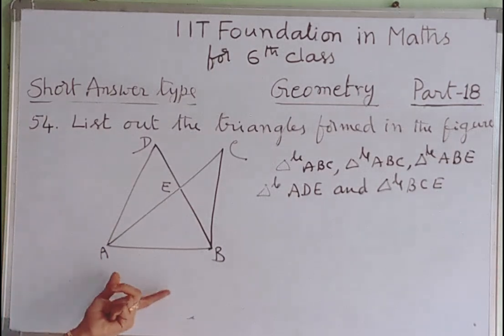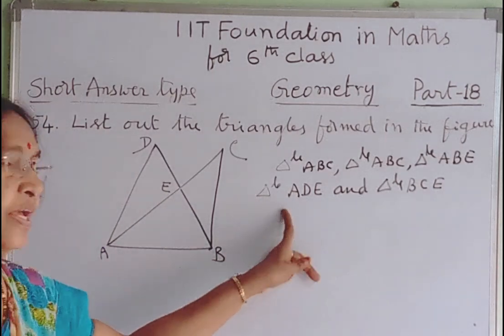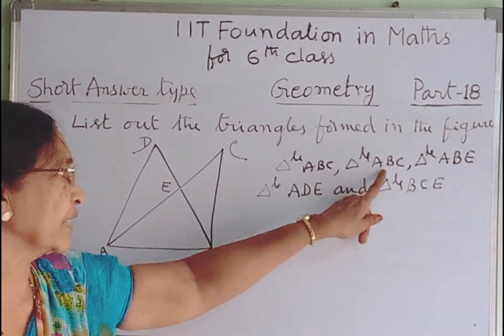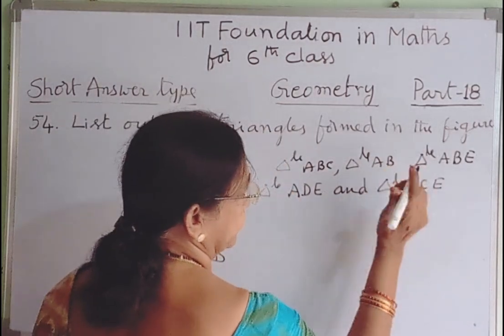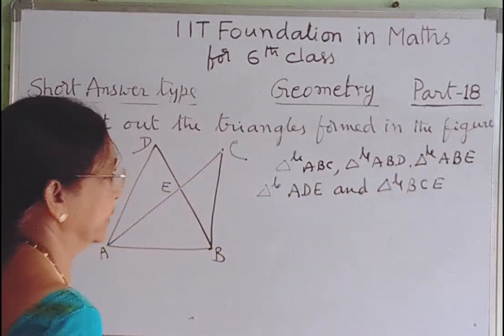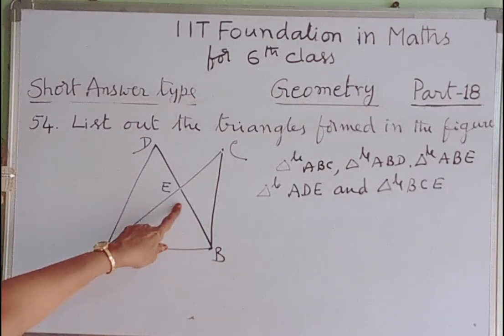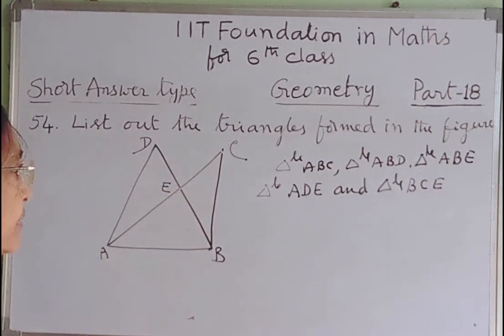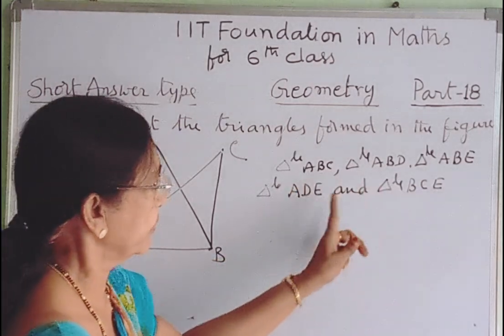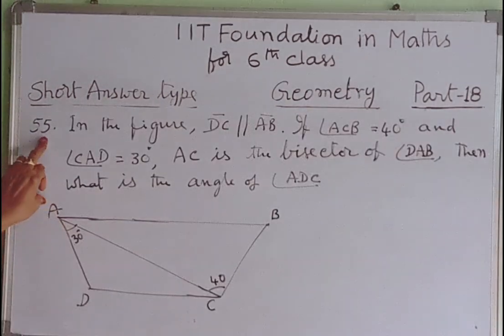So in this figure there are 5 triangles as this triangle ABC, triangle ABD, triangle ABE, triangle ADE, triangle BCE. So altogether 5 triangles.